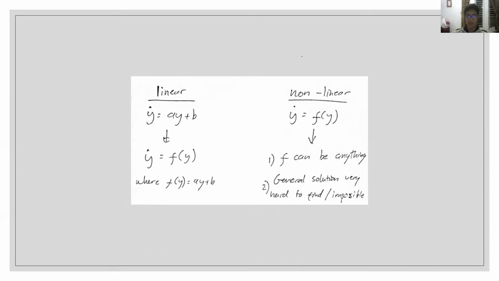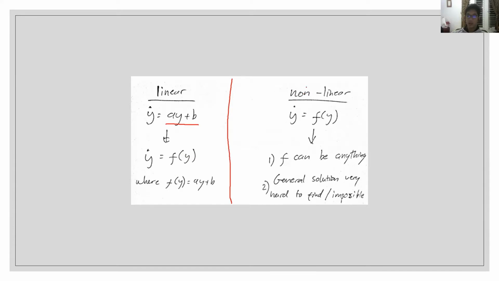This does not change. So now we can compare linear versus nonlinear. Linear: Y dot equals aY plus b. We can write this as Y dot equals f, not any function, but f as a function of aY plus b, with the Y in the brackets.